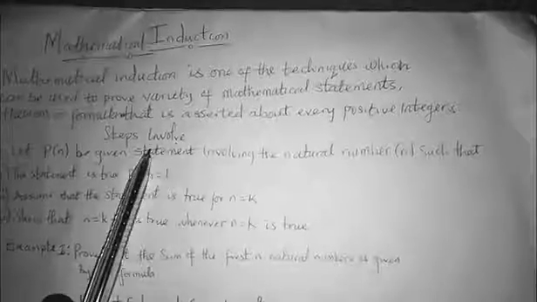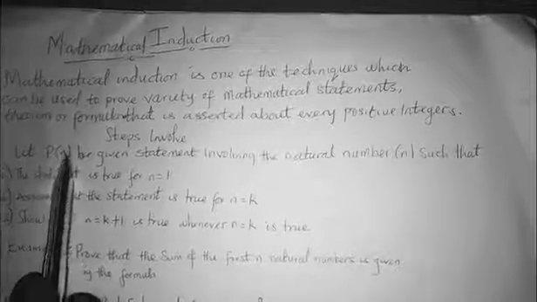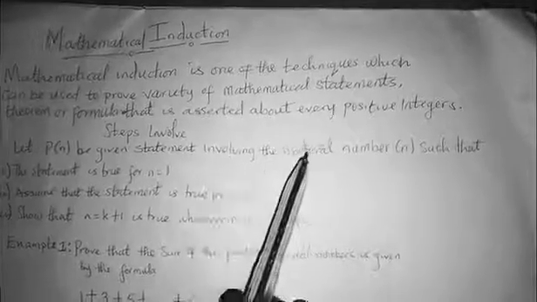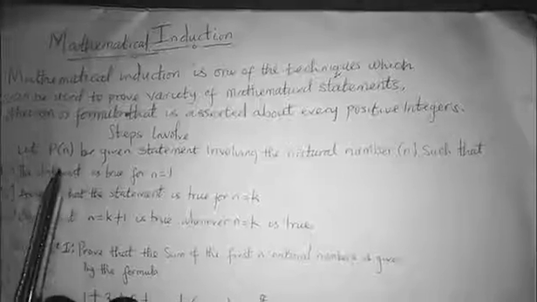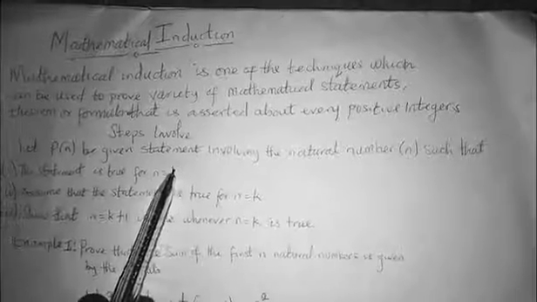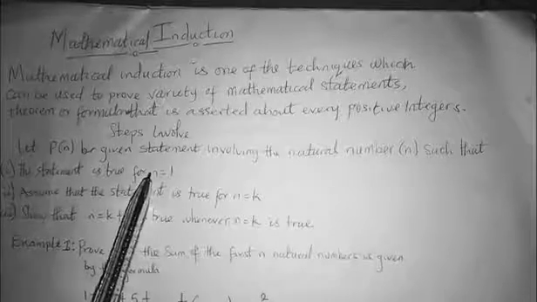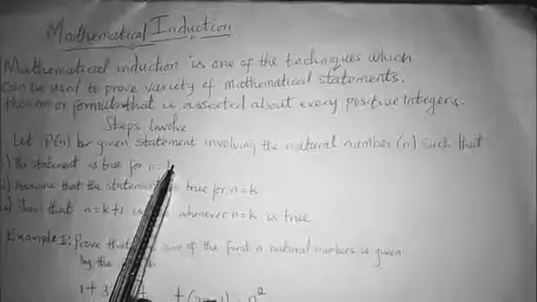So, the steps involved in mathematical induction, or you can also call it the principle of mathematical induction. For the principle, you say let P of n be a given statement involving the natural number n such that: 1. The statement is true for n equals 1. That means the statement must be true when n equals 1.